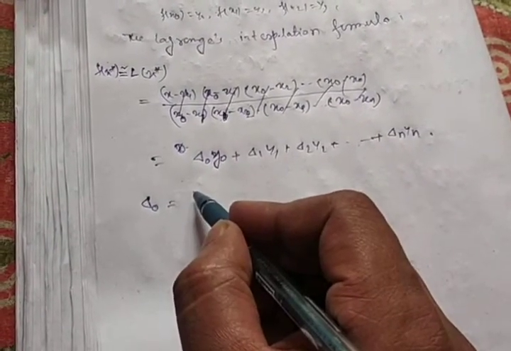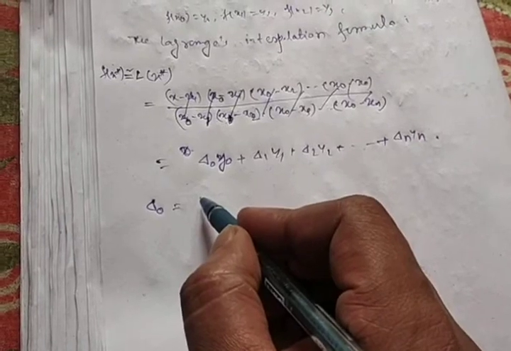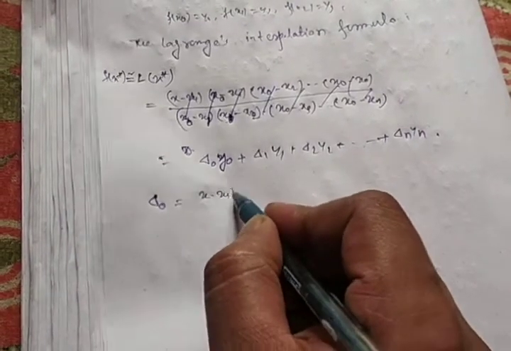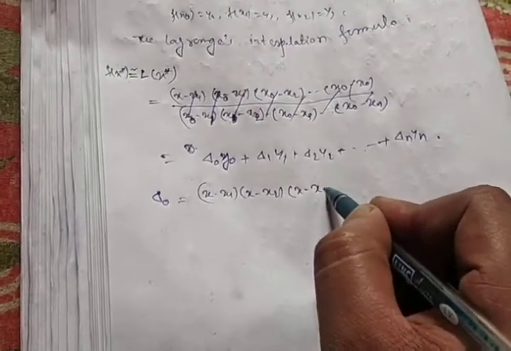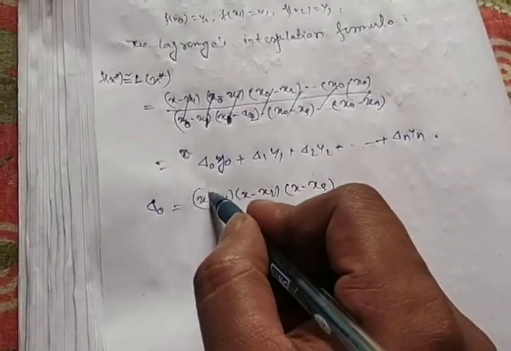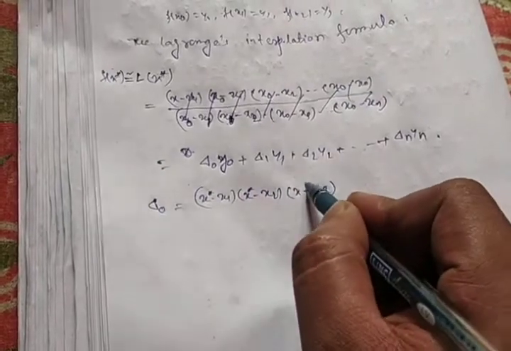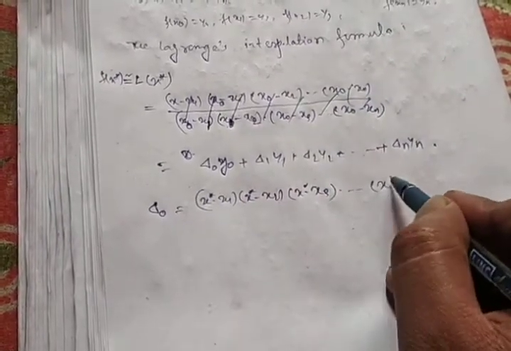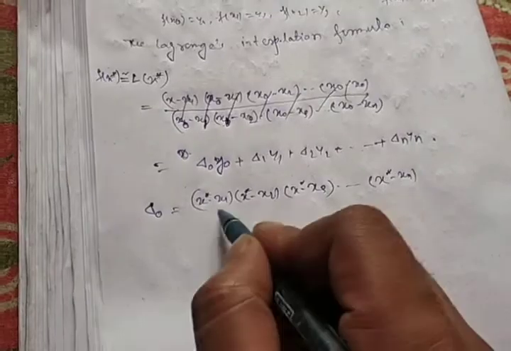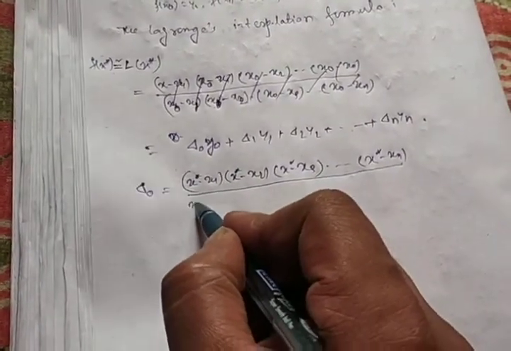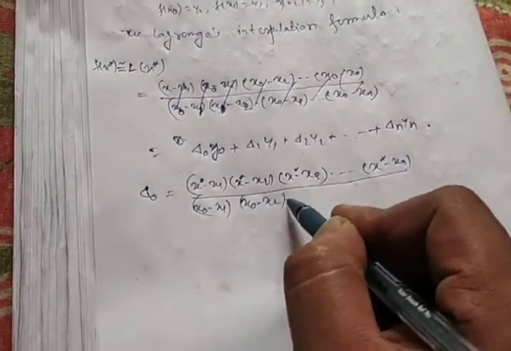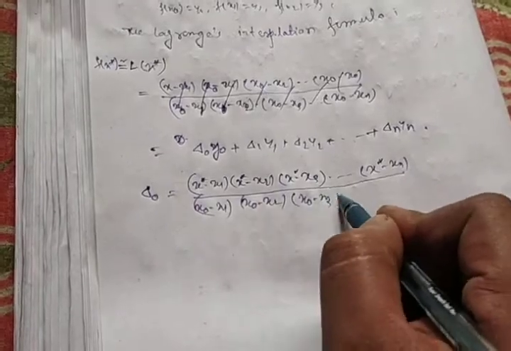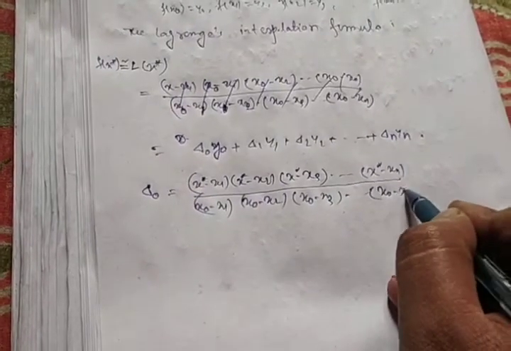So the value will be x star minus x1 into x star minus x2 into x star minus x3 up to x star minus xn, divided by x0 minus x1, x0 minus x2, x0 minus x3 up to x0 minus xn.